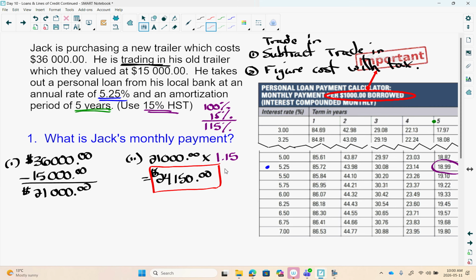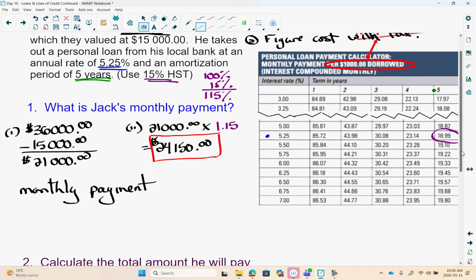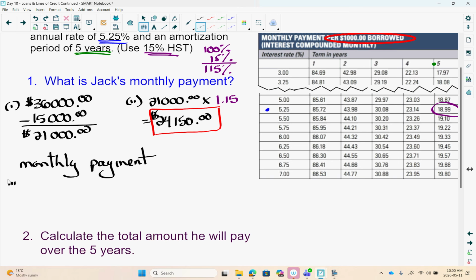What do I do with that number to figure out his monthly payment? They're the same as steps 3 and 4 from the last example, and they're the same as steps 1 and 2 from the first example. I'm going to take the $24,150.